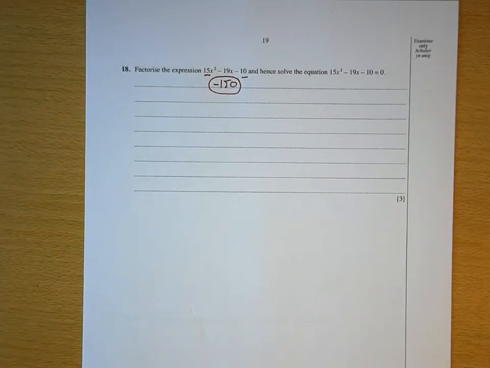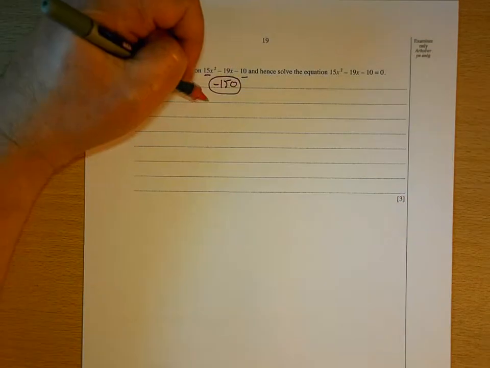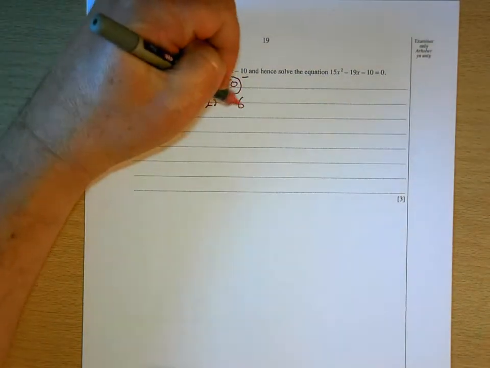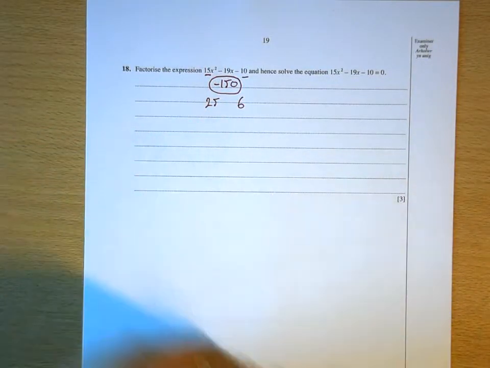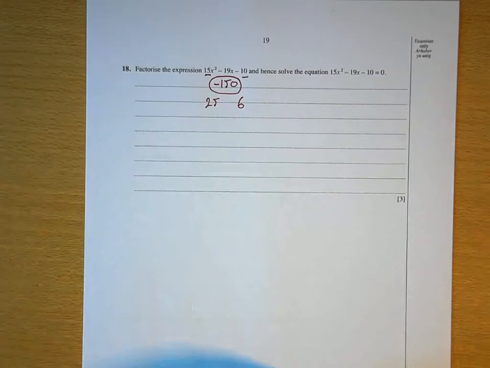I also know that 25 stacks up in 25s, 50s, 75s, 125s, 150. So 25 times 6 is 150. And 25 and 6 you will be able to combine in order to make 19.